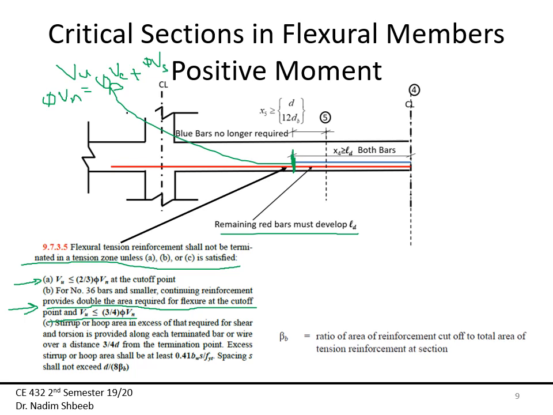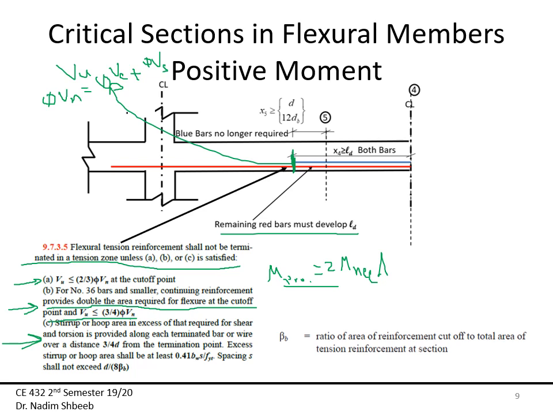But the caveat is that the A provided is double the A needed. If the provided area is double the needed, then you can do it. If not, then section B doesn't hold. Then we have to go to condition C.